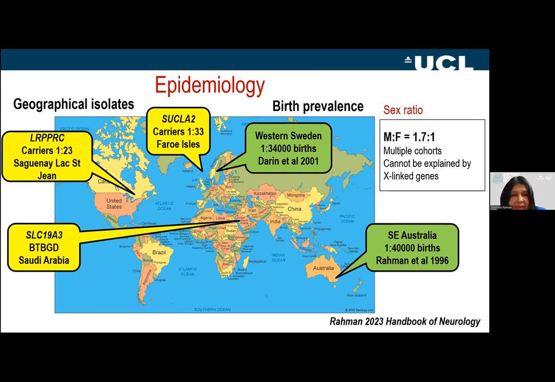So altogether, Leigh syndrome is not that rare, but individually it is lots of different rare diseases. And one of the intriguing things is that in many, many cohorts across the world, there seems to be a slight excess of affected boys for reasons that we don't understand. And it can't really be explained by X-linked genes.